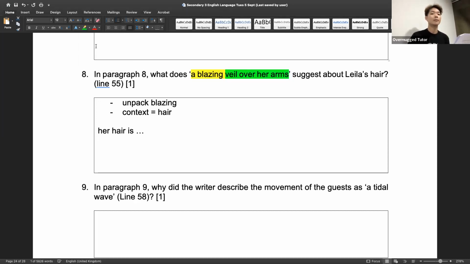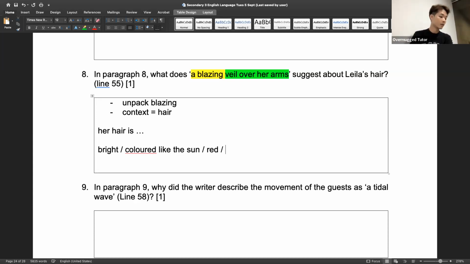So your hair must be something so that it can be over your arms, right? Blazing, so in your head, you are thinking about fire, something very bright. Hair is bright, colored like the sun.